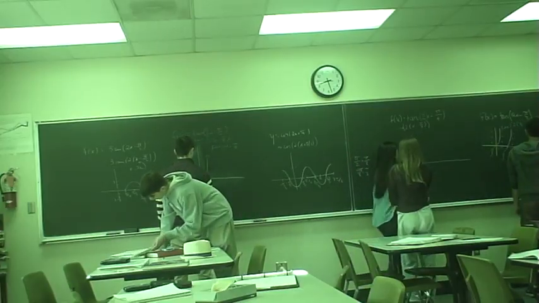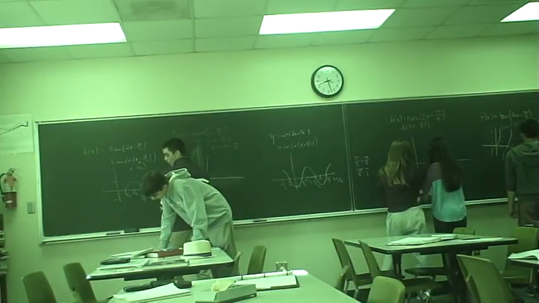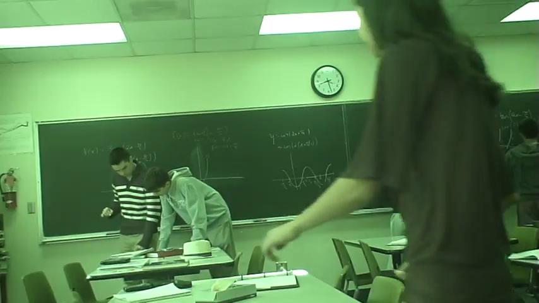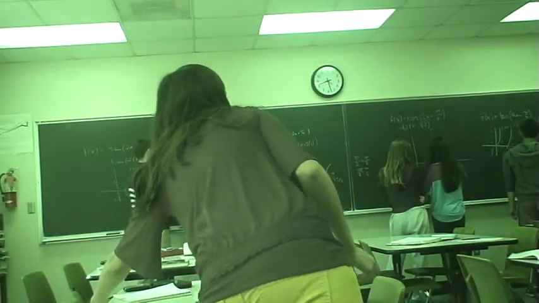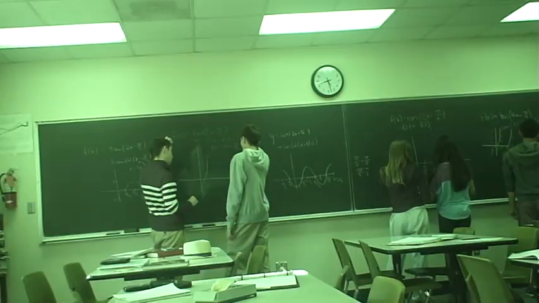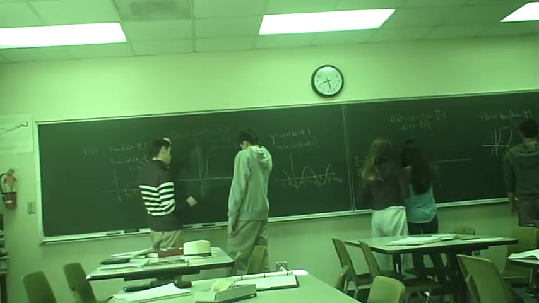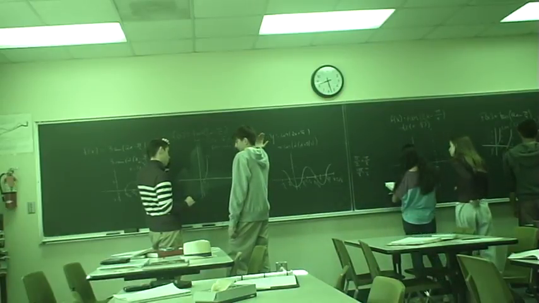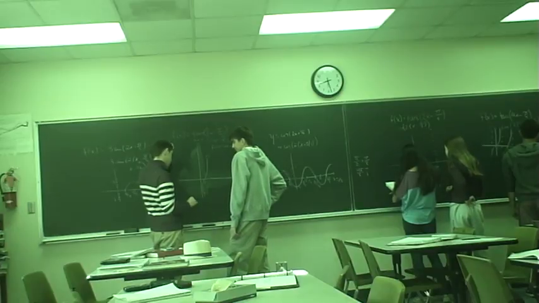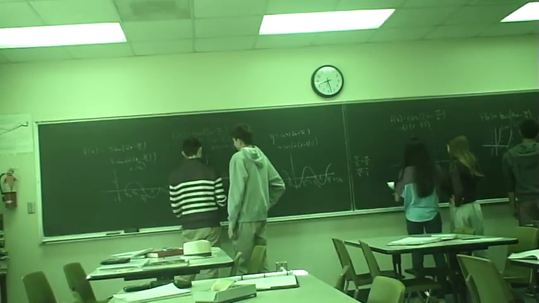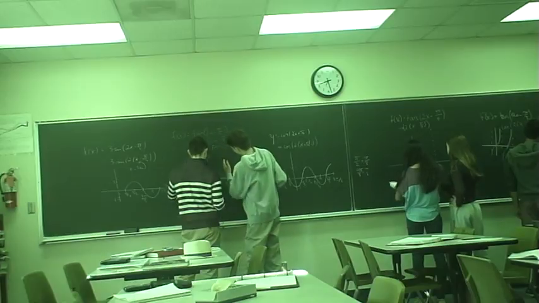Then asymptotes. Asymptotes are normally at what? Negative pi over 2. So then it's going to be pi over 4. Right, so negative pi over 2 is a negative. No wait, negative should be over there. So negative 3 pi over 8, pi over 8.